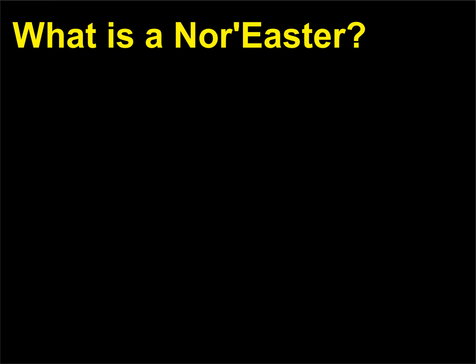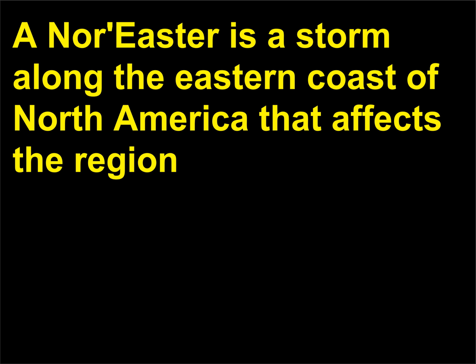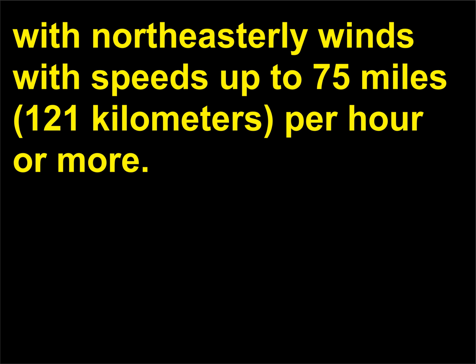What is a nor'easter? A nor'easter is a storm along the eastern coast of North America that affects the region with northeasterly winds with speeds up to 75 miles, 121 kilometers per hour or more.